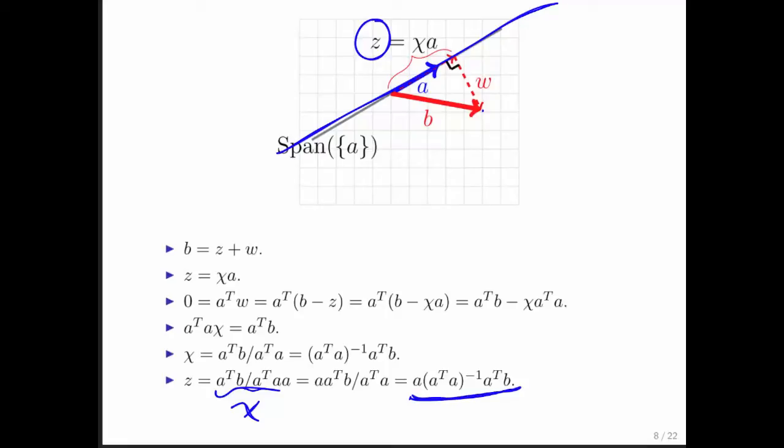And the reason why rearranging that as such is important is because then this is the matrix that projects any vector onto the space spanned by the vector A.